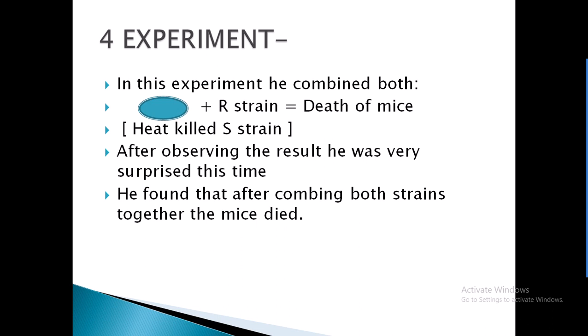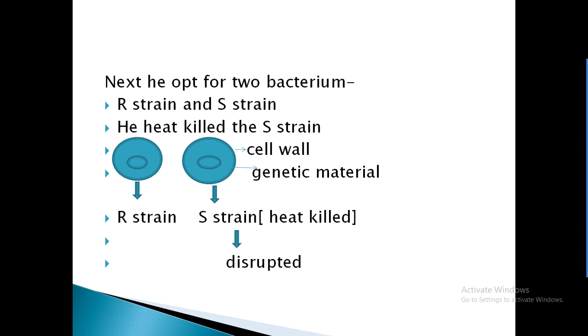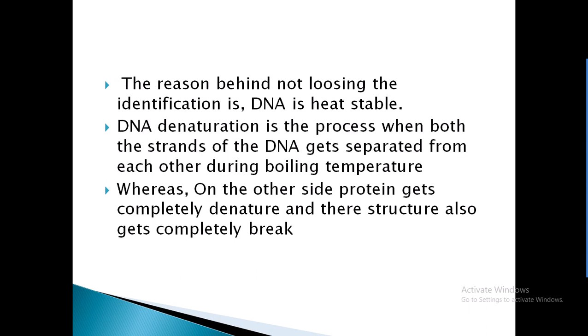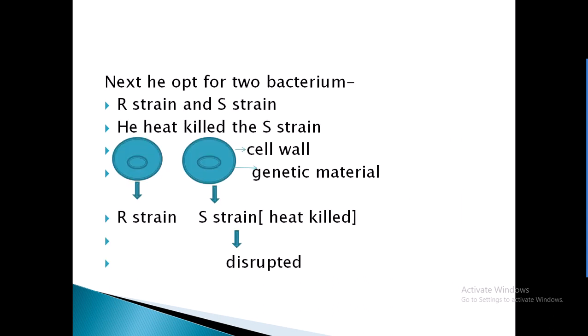To find out the reason behind why the mice die, he chose two bacteria, R strain and S strain. He heat-killed the S strain. As we know, bacteria have two things, that is the outer cell wall and the genetic material. But we don't know if this genetic material is DNA or protein.